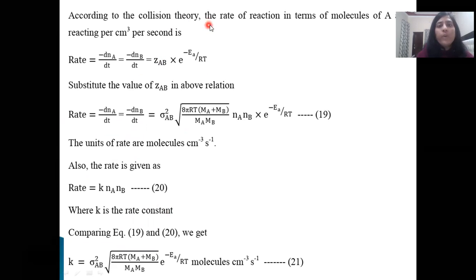According to collision theory, the rate of reaction in terms of molecules of A reacting per centimeter cube per second is given by minus dNA by dt is equal to the rate of reactant B, minus dNB by dt, is equal to ZAB into e raised to the power minus Ea upon RT. Substitute the value of ZAB in the above relation.